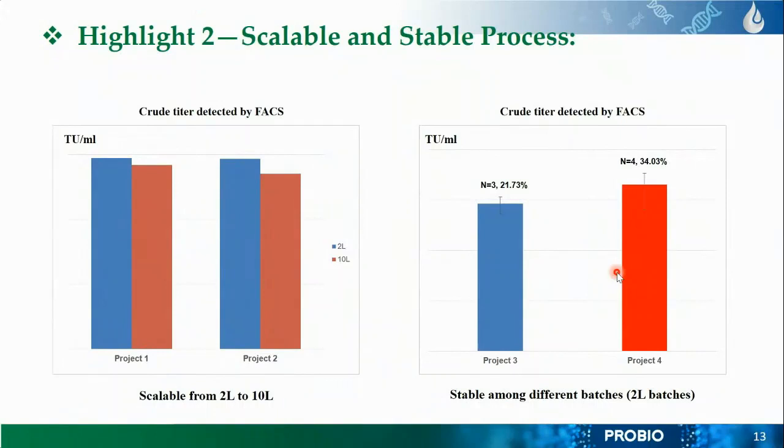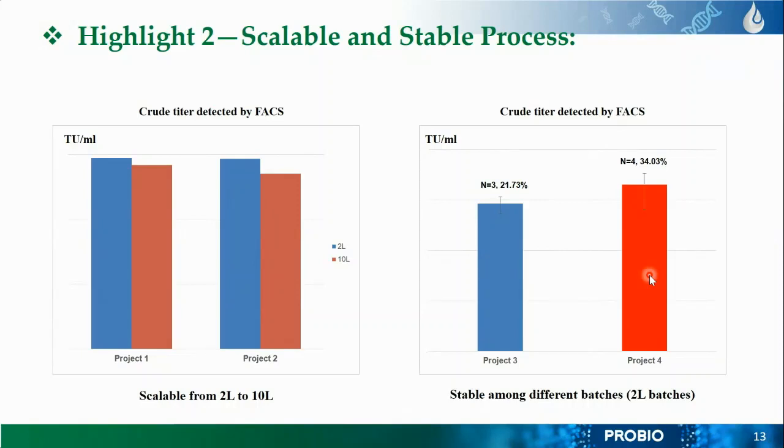Here, I would like to talk about the scalability and the process. We have used different projects, and we compared them. So in project 1, you can see we have used 2 liters to 10 liters. We have used a number of batches, and here you can see it's consistent, and the crude titer results are really, really great.